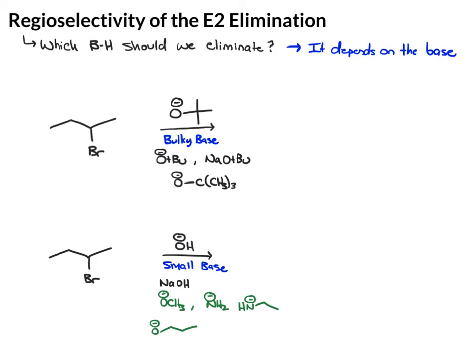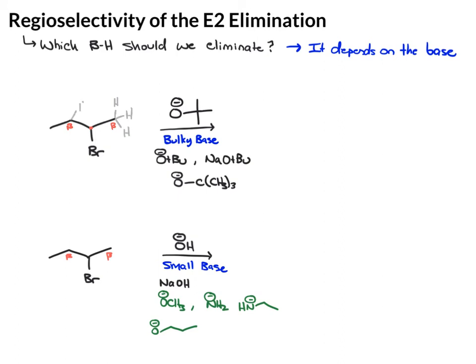Looking back at our organohalide, we see we have the alpha carbon where the halogen's attached, and we have two beta carbons. In the case of the bulky base, what you want to think about is how accessible are the hydrogens on those carbons. With the beta carbon on the right, we just have these 3 free methyl hydrogens here, easily accessible.